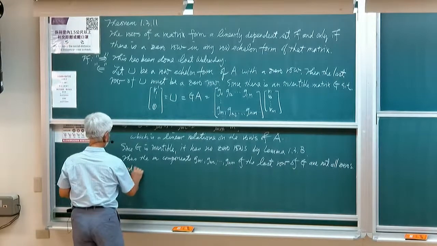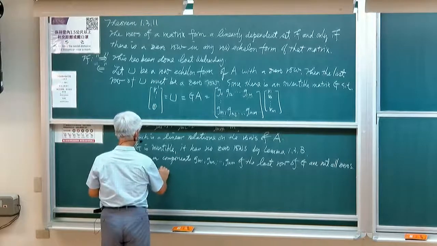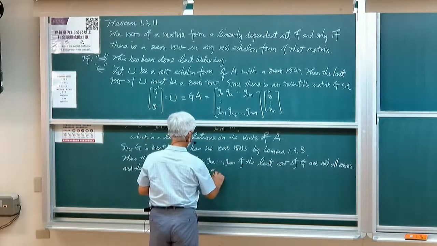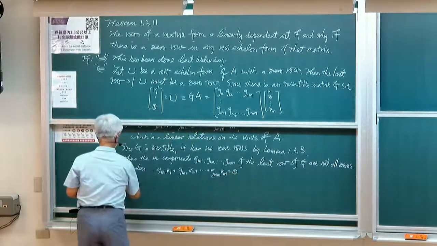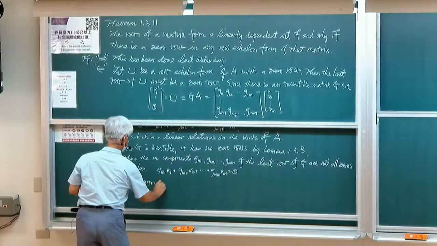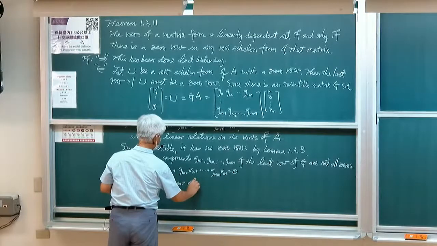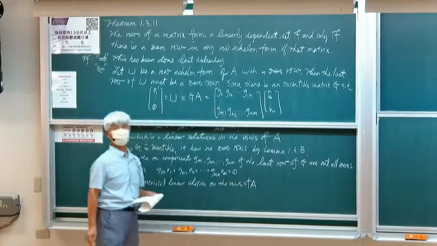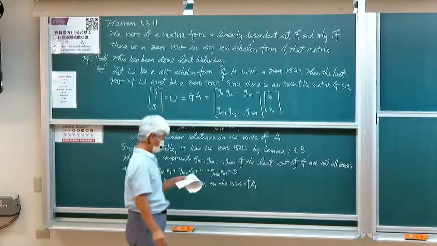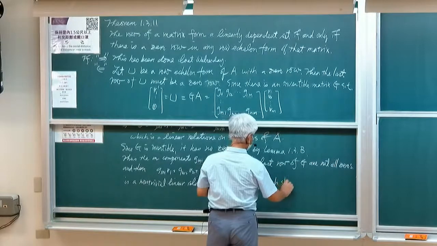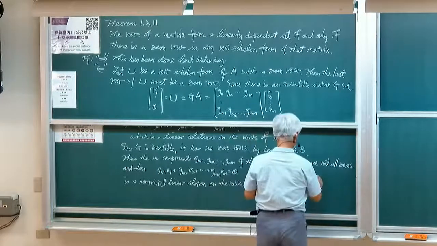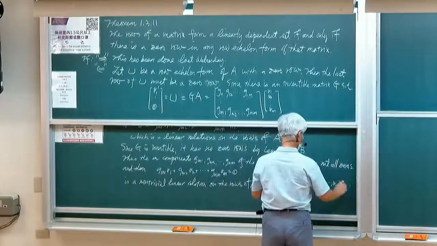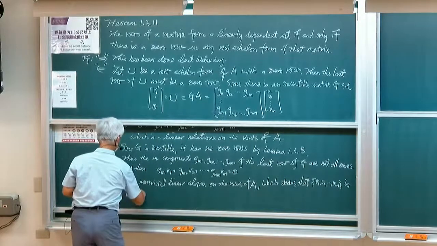And then GM1 R1 plus GM2 R2 plus up to GMM RM equals 0 is a non-trivial linear relation on the rows of A. So we have a non-trivial linear relation on the rows of A, which shows that the index set of row vectors of A is a linearly dependent set.